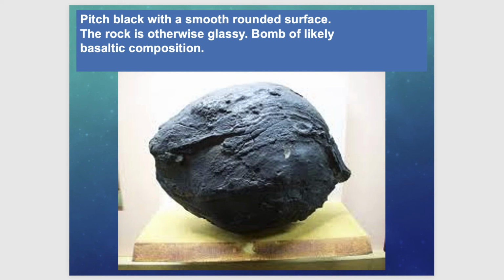So a bomb usually is a large fragment of magma that is ejected at a relatively high altitude. It can travel for significant distances away from the main crater, and during this time it will essentially modify its shape according to the aerodynamics of the motion.